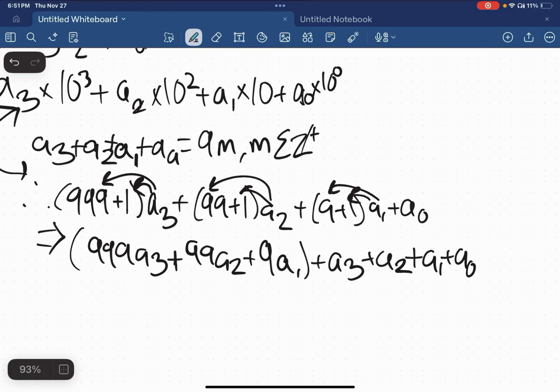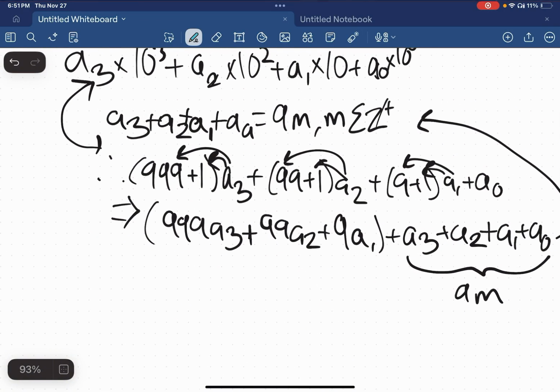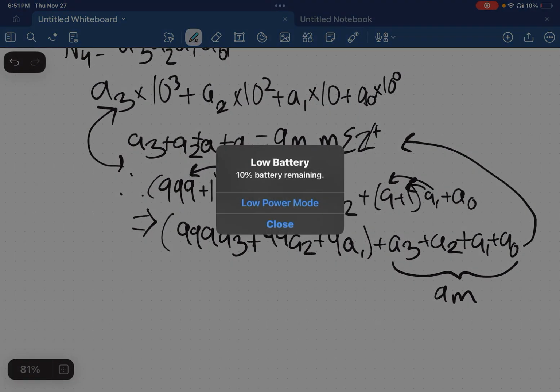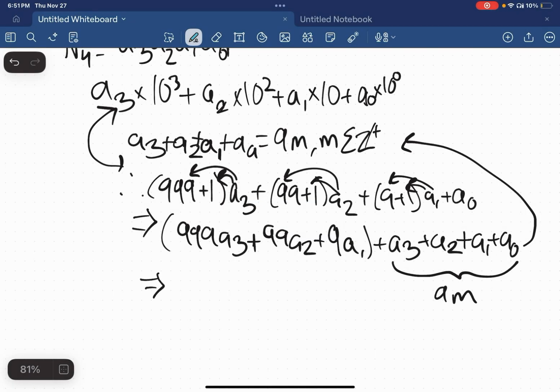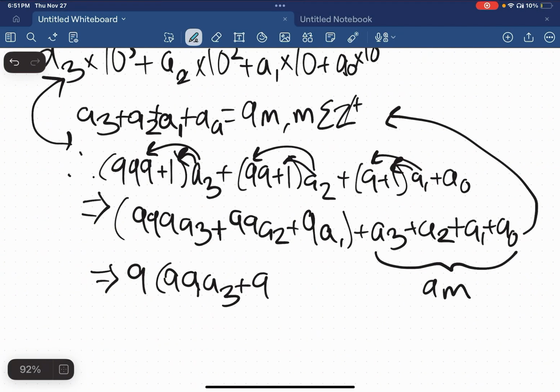Now, remember what we said earlier. We said that this is equal to 9m. And by factoring out a 9 from all this, we can put a 9 out here. It's 99 A3 plus 9. Okay, whoops, huge mistake. That is not how you factor.